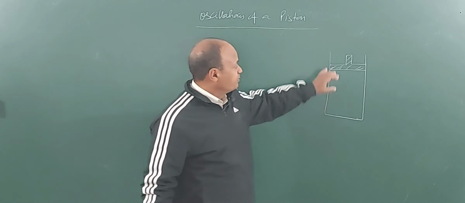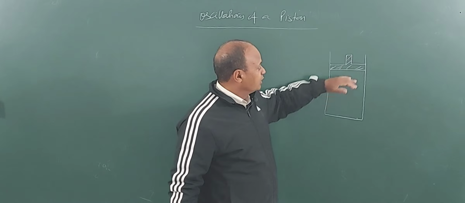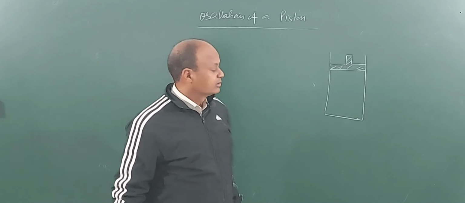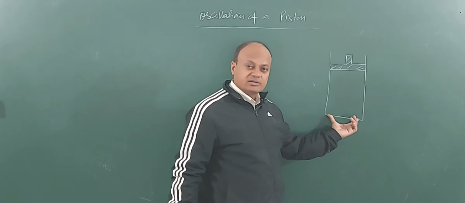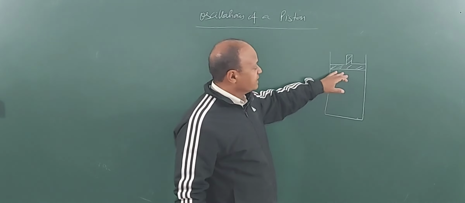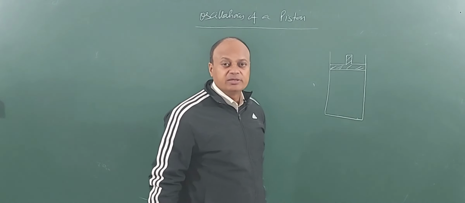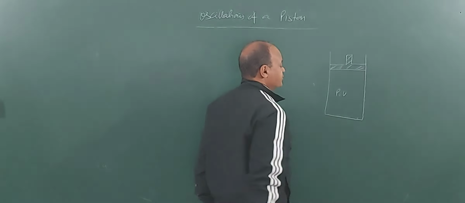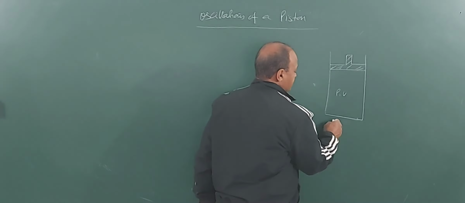Clear? So a piston having mass m, cross section area A is attached to a frictionless cylinder, right? Pressure is P and the initial volume is V. Temperature is remaining constant. Temperature is constant.